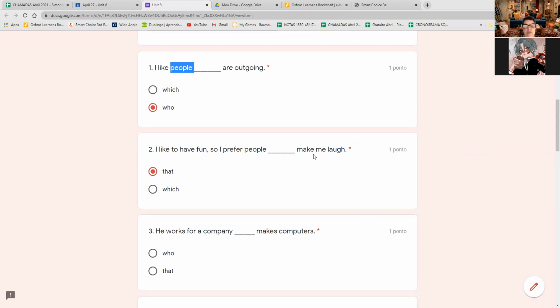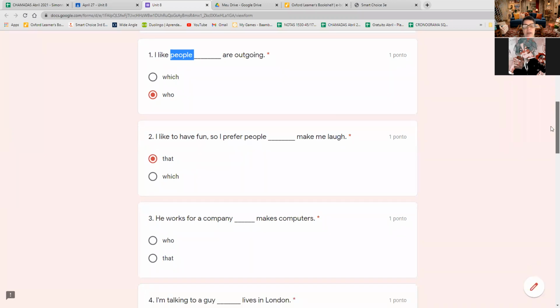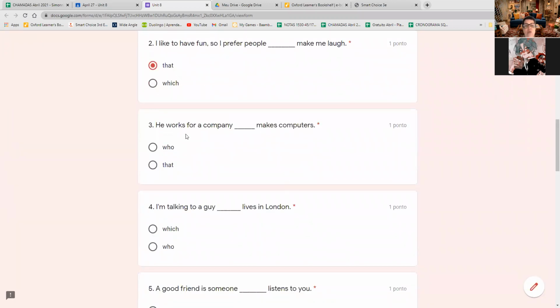That make me laugh. So for people, I can use that or who. Let's go to number three. He works for a company. So now I'm referring to an object. So he works for a company, makes computers. What is the best?